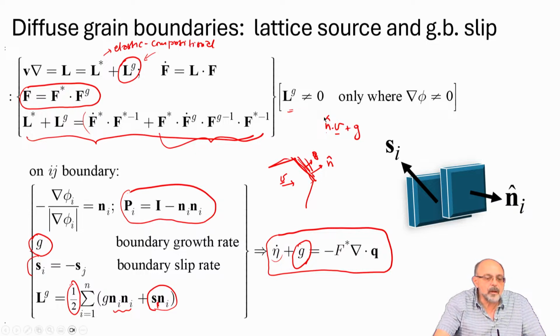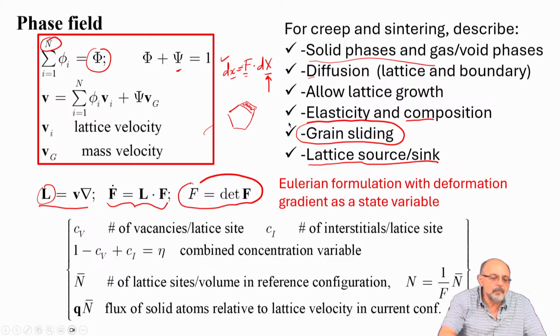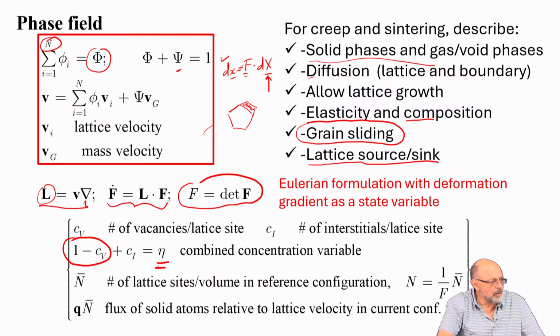Eta is the combined concentration variable. Here it is: 1 minus C vacancies plus C interstitials. We can forget about that; think about vacancies.